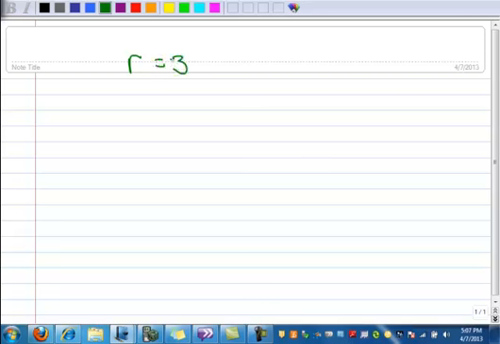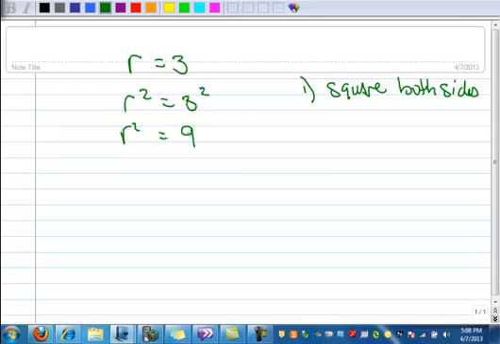The first thing we want to do, I'm going to write my step directions over here, is square both sides. R squared equals 3 squared, so r squared equals 9. And then step 2, recall that x squared plus y squared equals r squared.